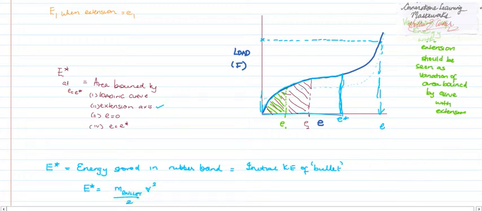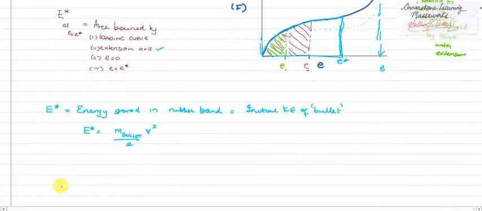If you want the discharge velocity V, it will be the root of 2 E star on M. That will be V squared, so you find the root of all of that. And that will be the discharge velocity in theory.